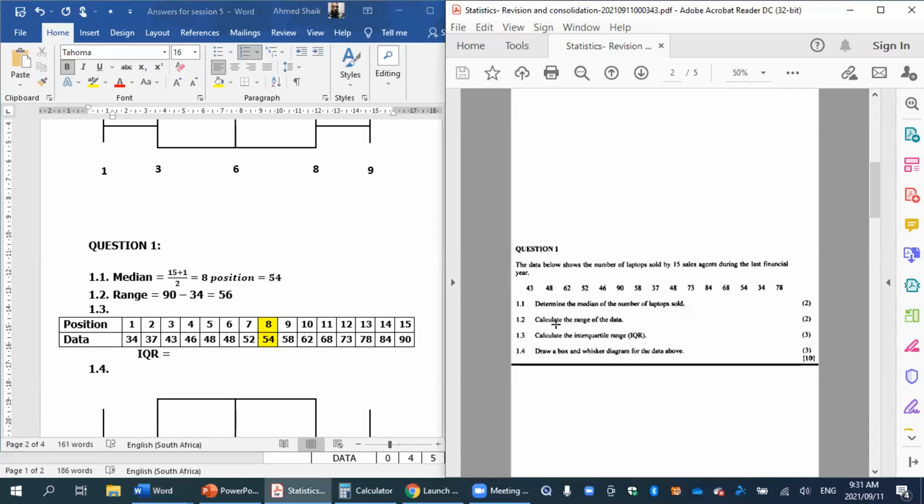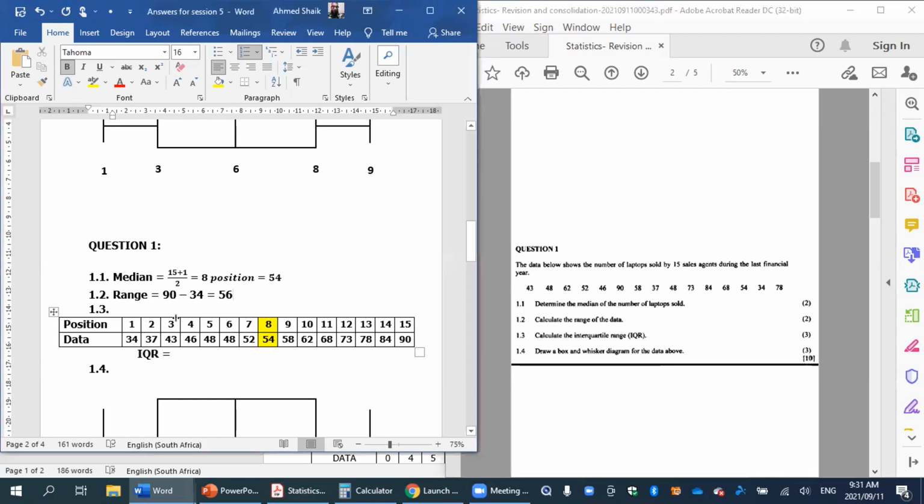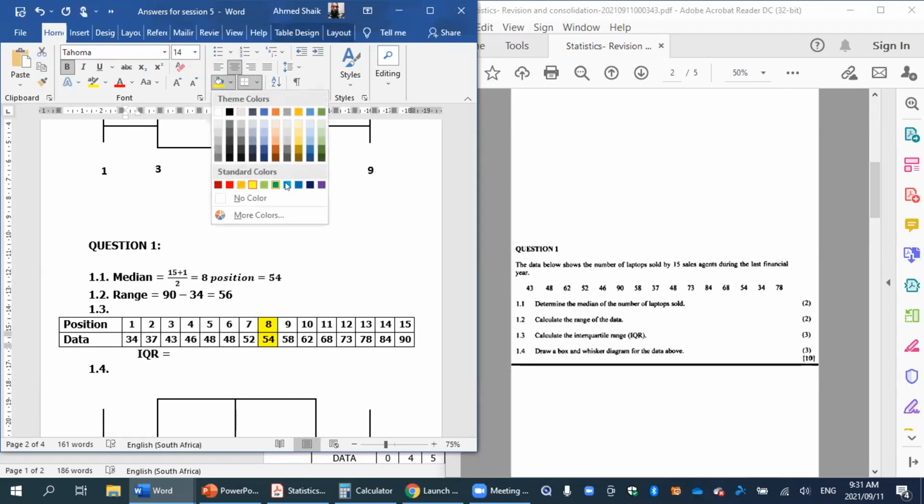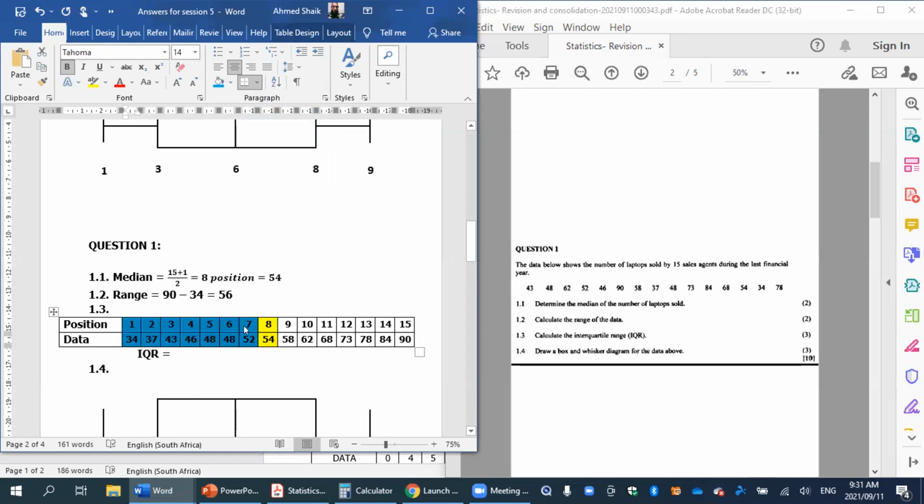1.3, calculate the interquartile range. Remember, in order for us to calculate it, we need to work out the median of the lower half, and we need to work out the median of the upper half. So let's first calculate the median of the lower half. So that is our lower half. Let's highlight that. Okay, so we've got 7 values in our lower half.